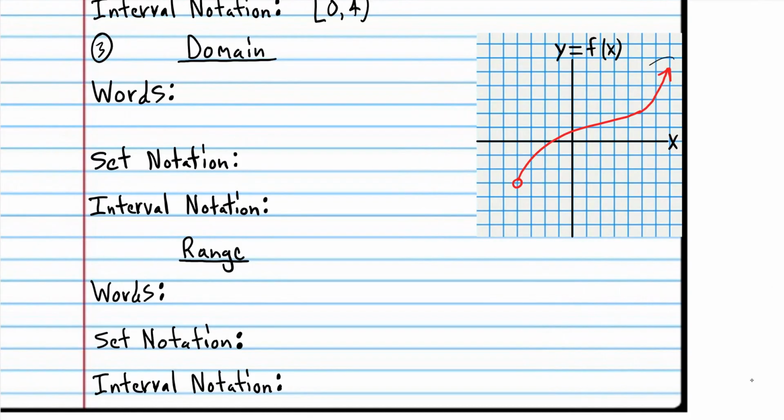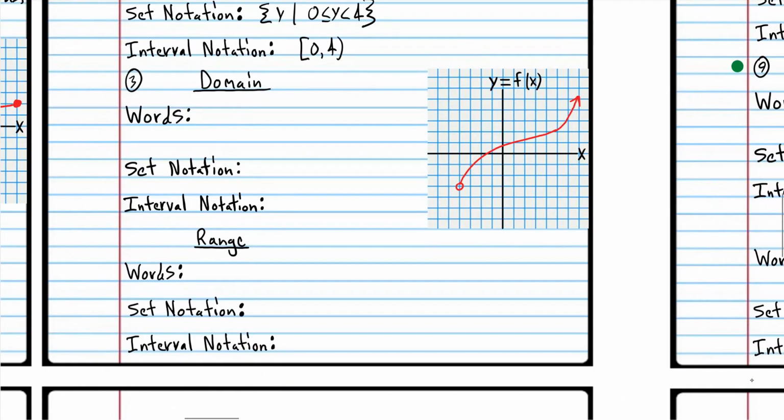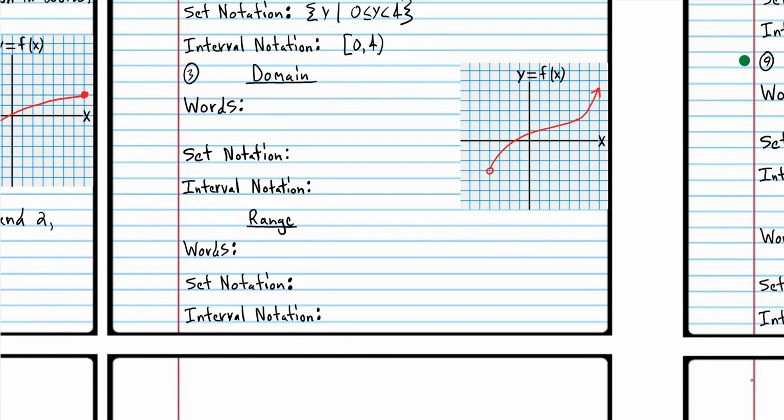Here's an example where this graph is unbounded. It just keeps going. That's what this arrow means. Now, we don't know exactly what this graph does. It could go up and then come back down. But for this class, we're going to assume that the direction as it goes off the graph is continuing in that same trajectory.